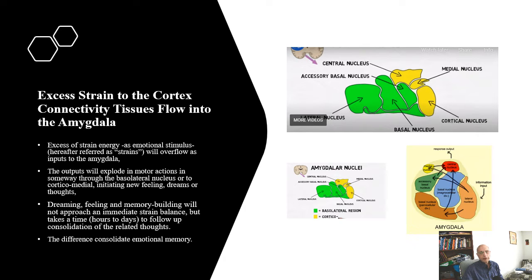The difference between the emotion which is converted in one of the ways already mentioned, and the part that remains, will be consolidated as an emotional memory, as other types of memories will be consolidated over the cortex areas.